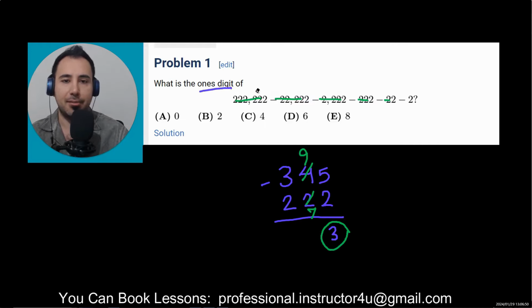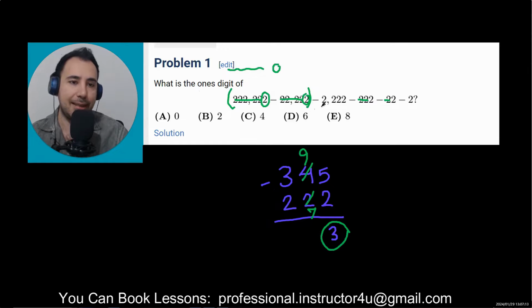So, for example, now here, when I subtract these two, what is the ones digit? Don't care about these numbers. You just go, 2 minus 2, 0. So the units digit is 0. Then you subtract here. Again, these numbers are not important.